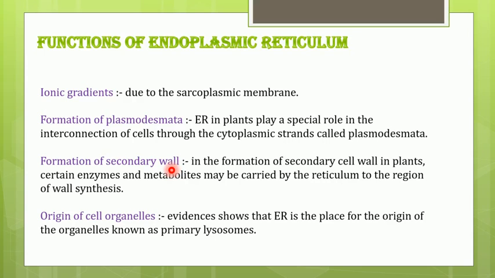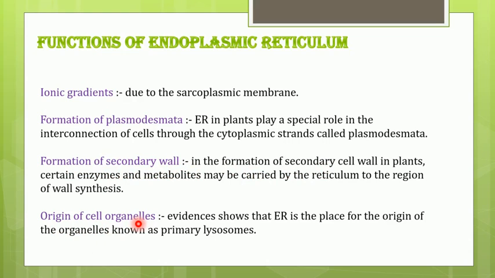This secondary cell wall layer is formed in plants with the help of certain enzymes and different metabolites, and these enzymes and metabolites are carried to this region by the endoplasmic reticulum. So in this way, the endoplasmic reticulum plays an important role in the formation of the secondary wall in the plant cell wall.